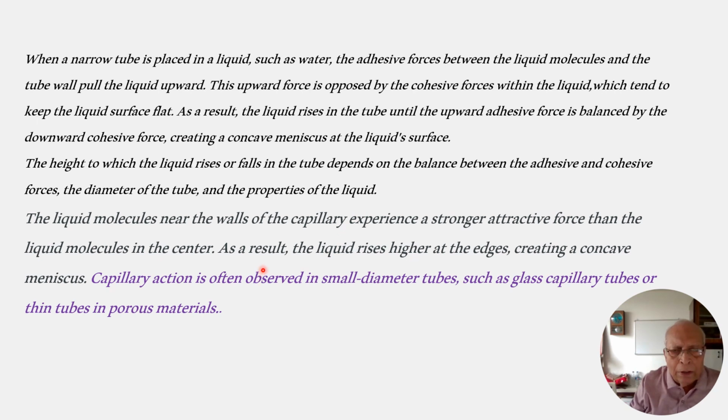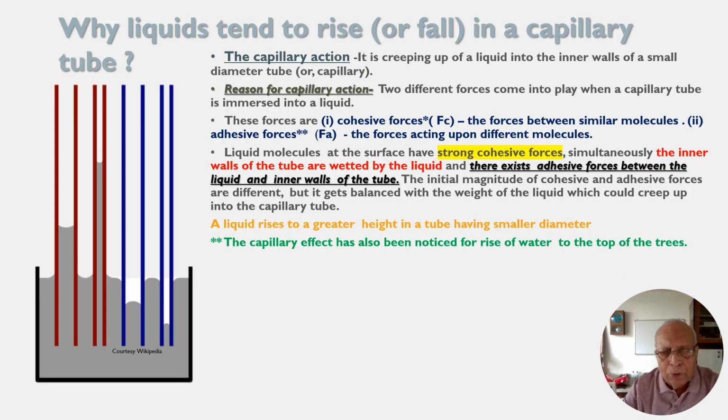Now, liquid near the walls of the capillary experiences a stronger attractive force than the liquid molecules in the center, due to which the surface with which the liquid is in contact gets wetted, and the liquid rises to a certain height, forming a concave meniscus. Capillary action is often observed in small diameter tubes such as glass capillary tubes or thin tubes in porous materials.